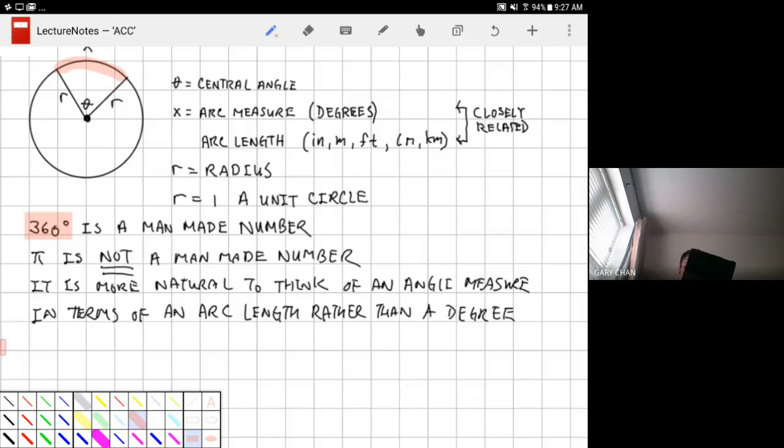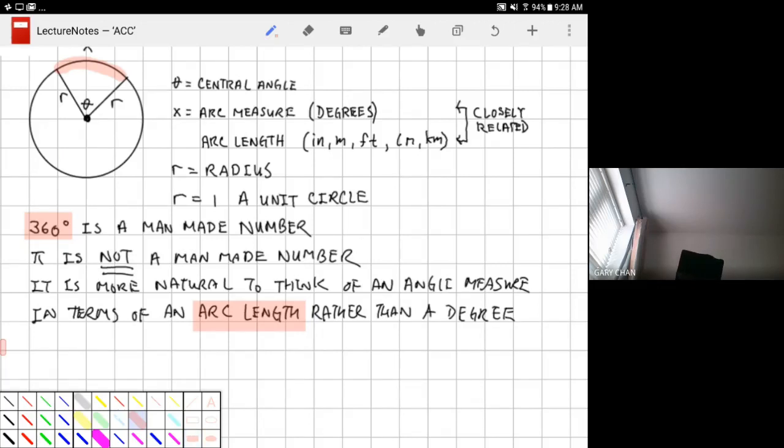We do not work with things that are man-made. We work with things that are in the physical world, which sounds very philosophical right now. But understand that 360 degrees, this idea of a degree, is a man-made thing. However, arc length is a naturally occurring concept. So the main takeaway is arc length is a naturally occurring concept, whereas a degree measure is not.